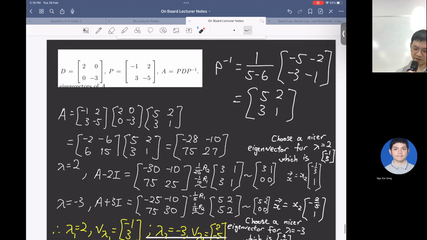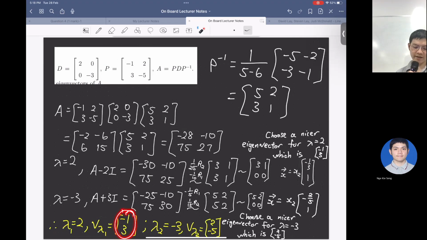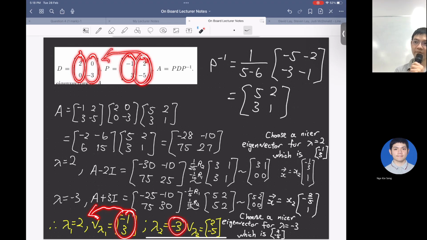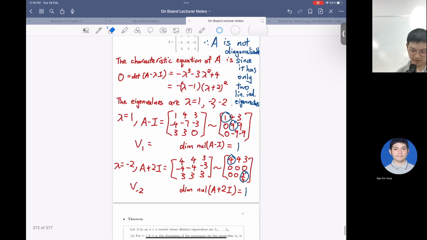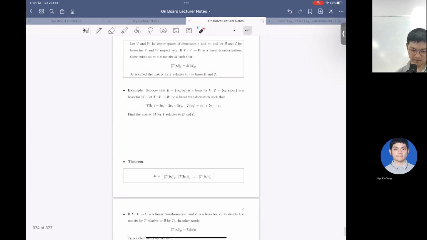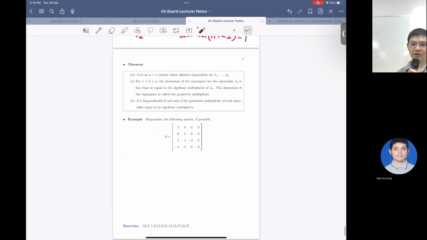For example, -1, 3 is the eigenvector for 2, so the first column is 2. The second column is the eigenvector for lambda -3. So it corresponds to the eigenvector you place. This is another thing. The other can be left as an exercise.